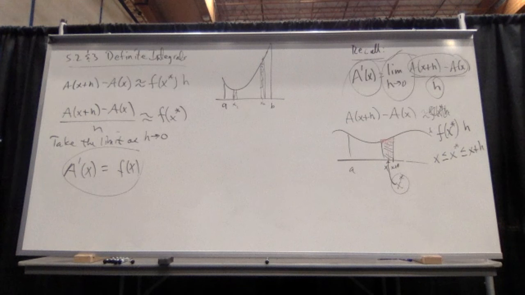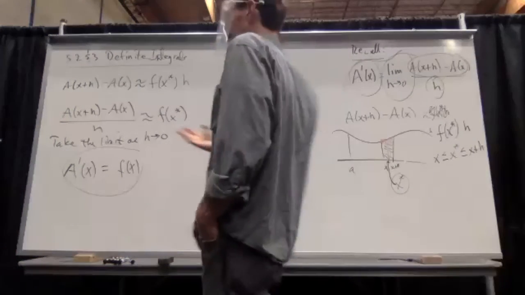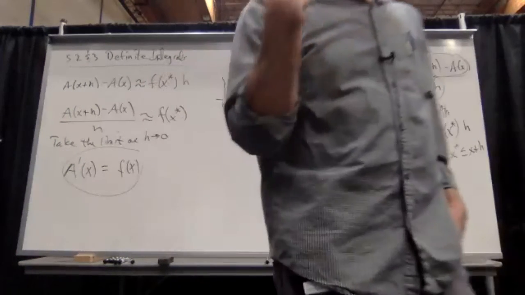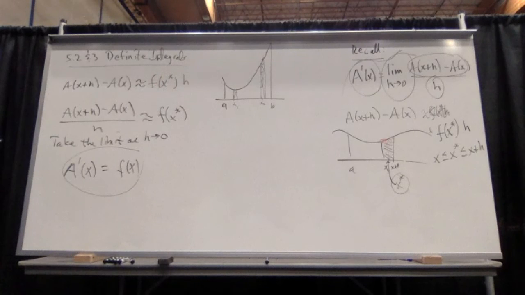But no, it turns out it's exactly equal. We've done the work for every x. The rate of change of this area function is exactly the functional value, the function that generates the area for us. So whether you can interpret it intuitively or not, it doesn't change the fact that A prime of x is f of x.